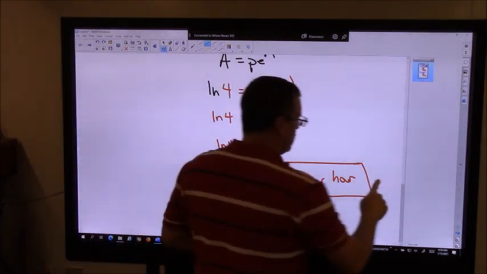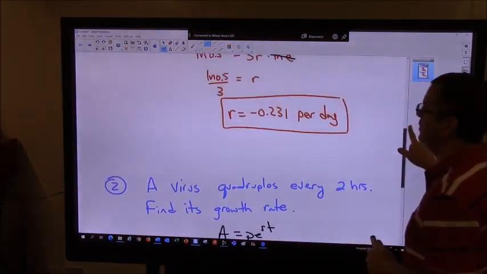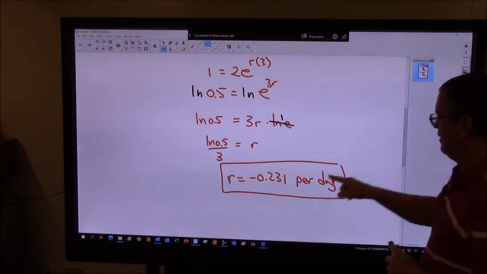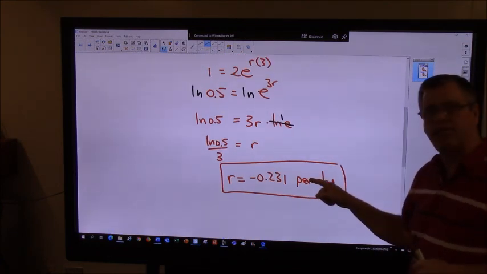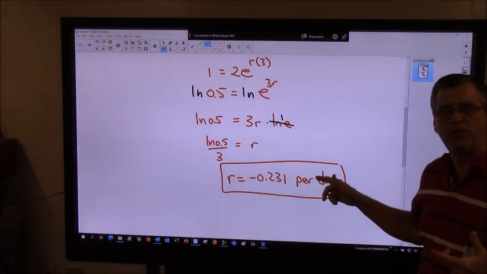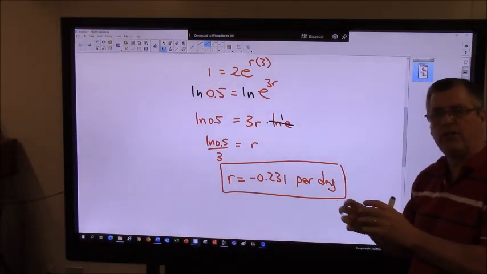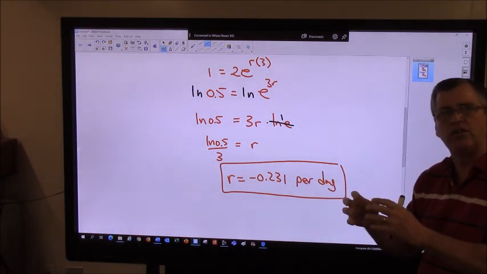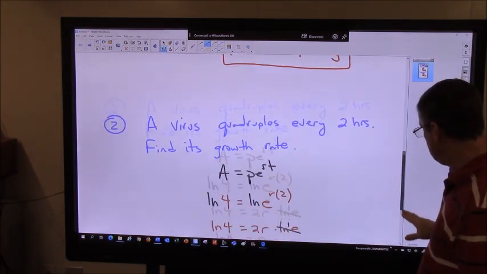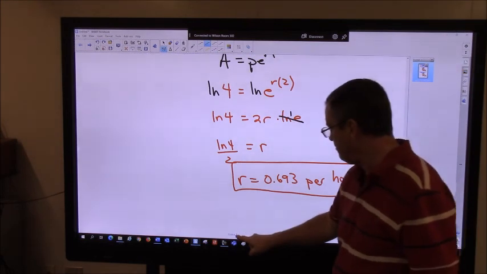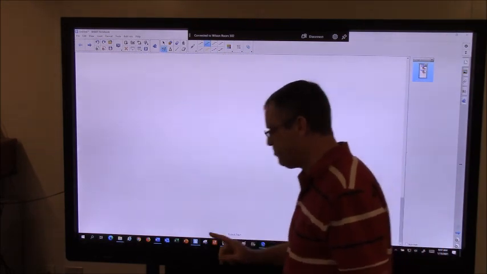Or if I was looking at a banana peel, could I predict how much of that banana peel is left after 2 weeks, 14 days? Okay, but we got to be able to find the rate at which something is growing or decaying first before we can do this. Okay. All right, one last problem.